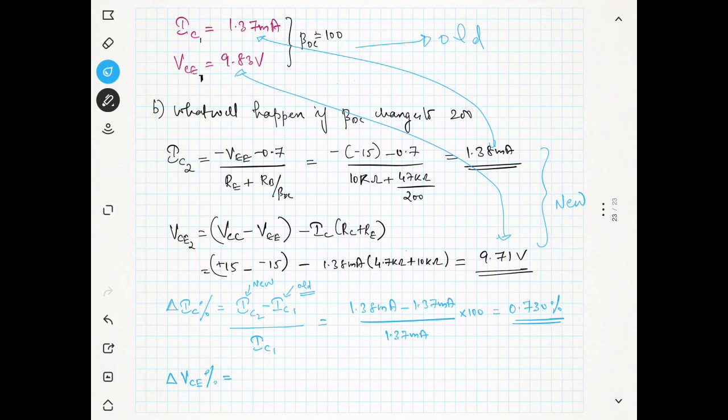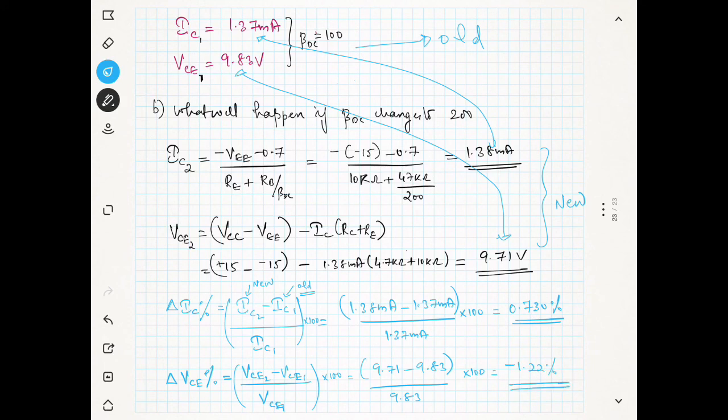So now we will calculate delta VCE. Delta VCE is VCE2 minus VCE1 over VCE1, and here also I forgot to multiply by 100. Now here you can multiply by 100 to convert into percentage, which is equal to 9.71 minus 9.83 divided by 9.83, multiplied by 100, which is equal to minus 1.22 percent.